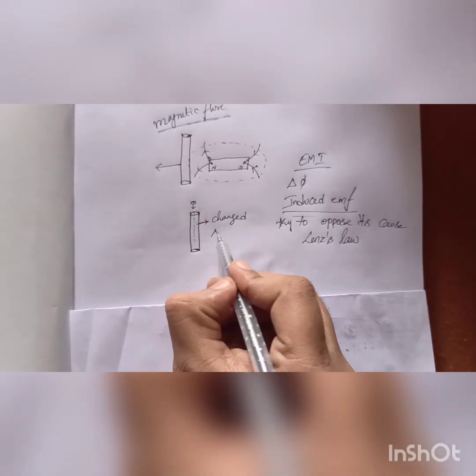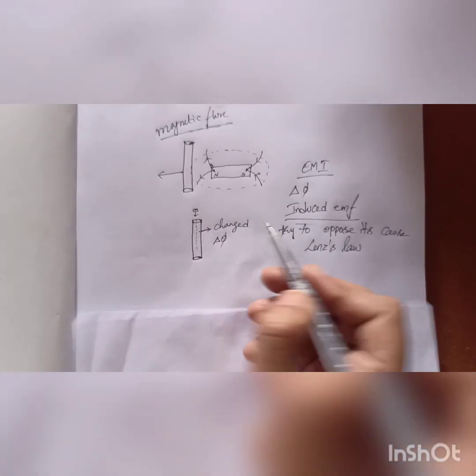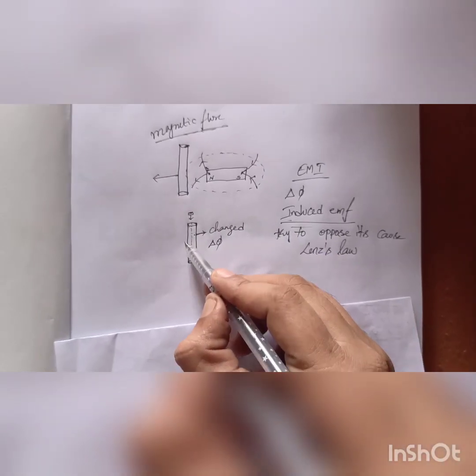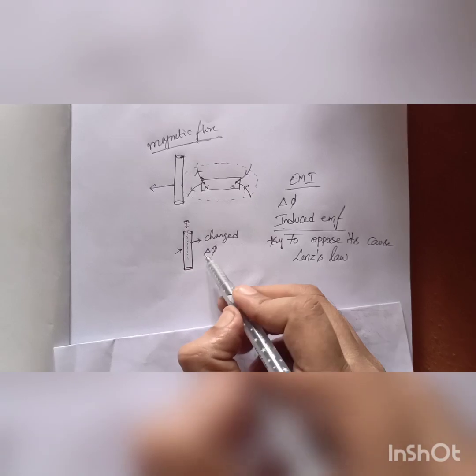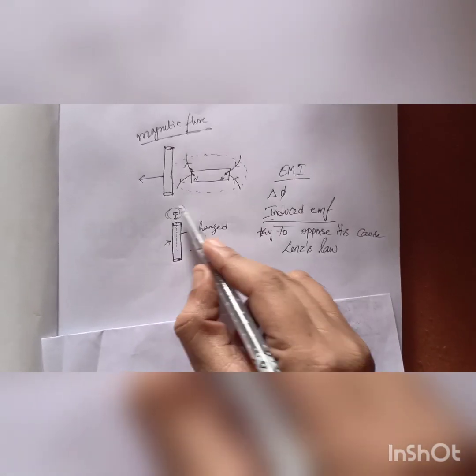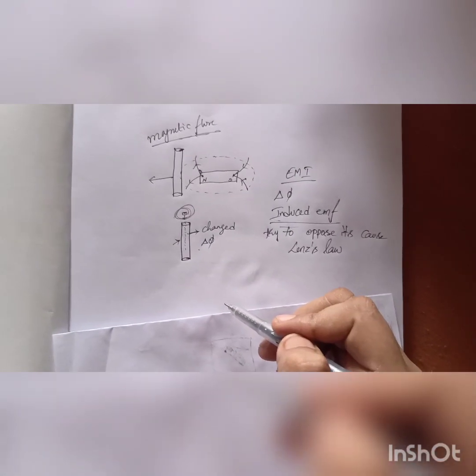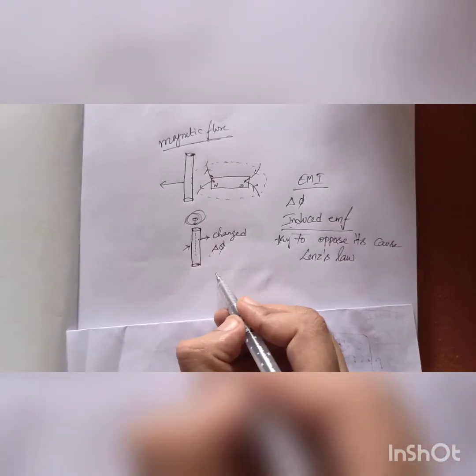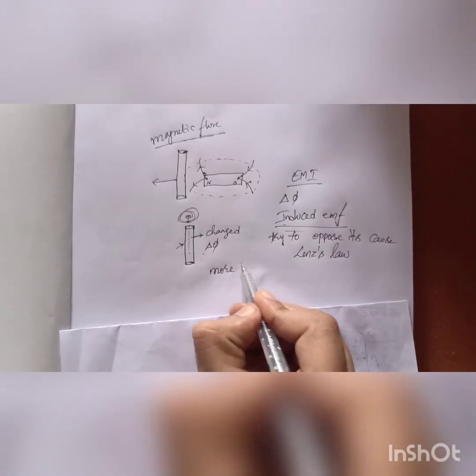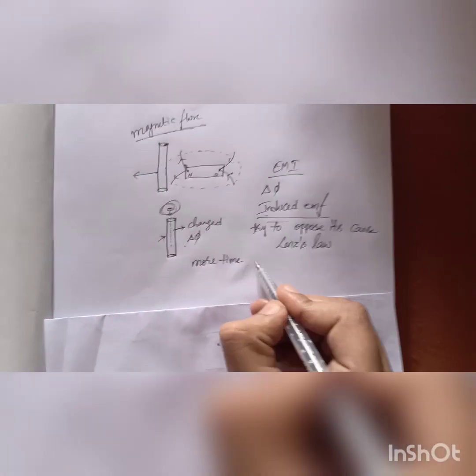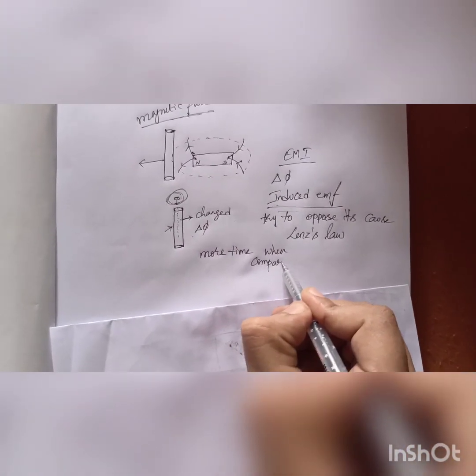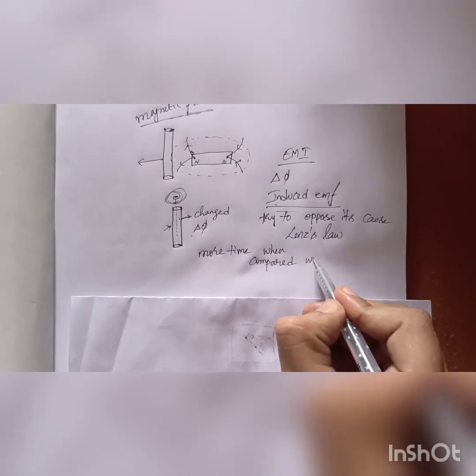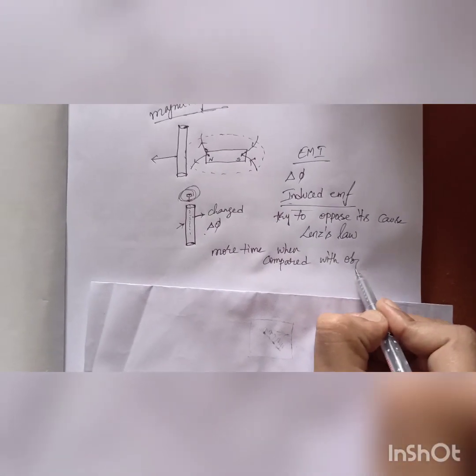When there is a change in magnetic flux, EMF will be induced in this copper, which tries to oppose the motion of this magnet. That's why it is taking somewhat more time when compared with the remaining objects. So this is your answer.